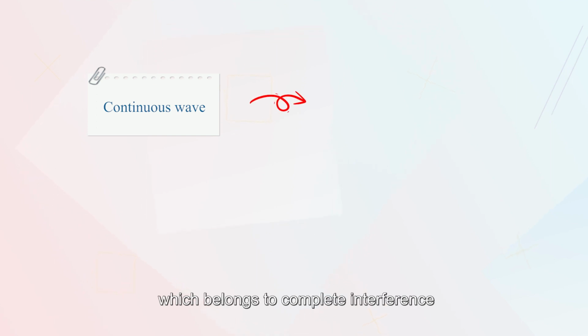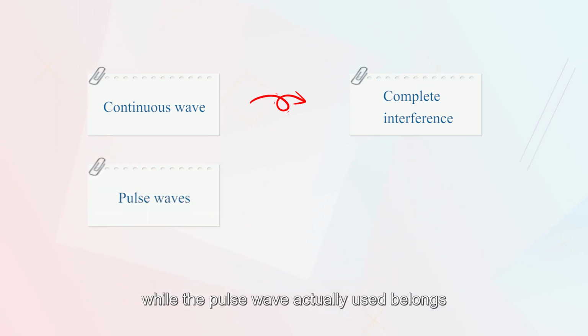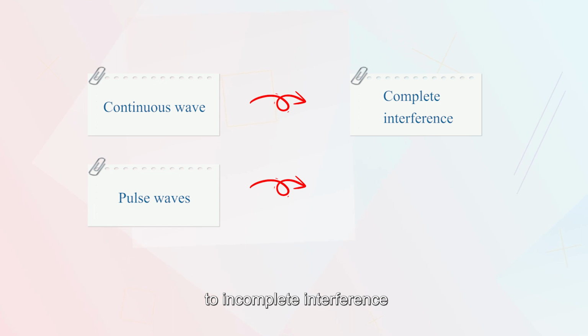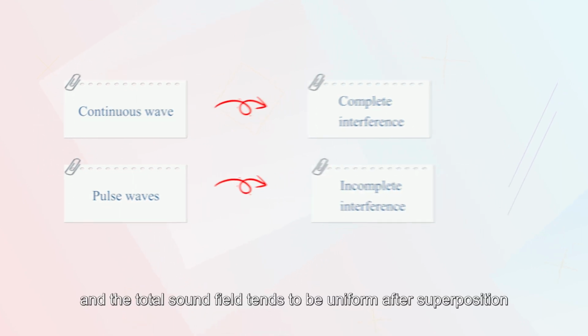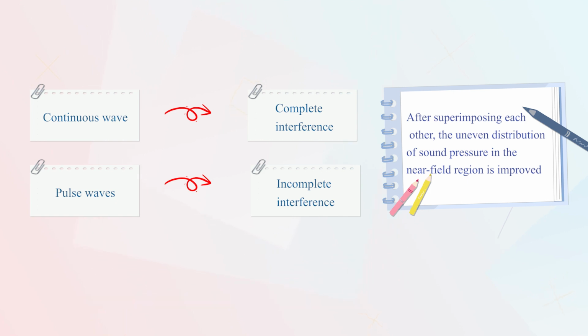In addition, the ideal sound field is a continuous wave, which belongs to complete interference in the near field area, while the pulse wave actually used belongs to incomplete interference, and the total sound field tends to be uniform after superposition. Improved, the sound pressure change range is smaller than the ideal sound field, and the extreme points are reduced.